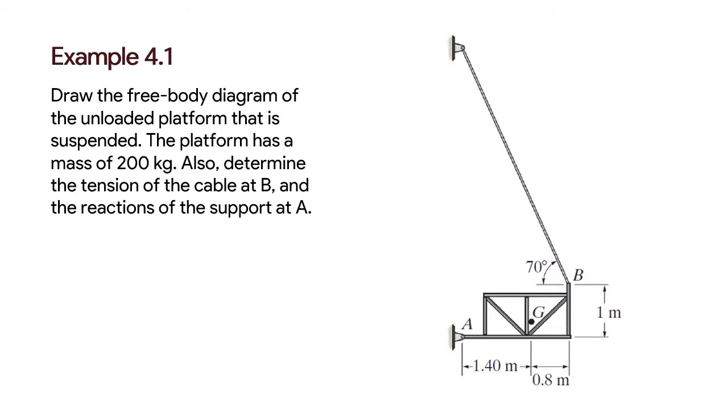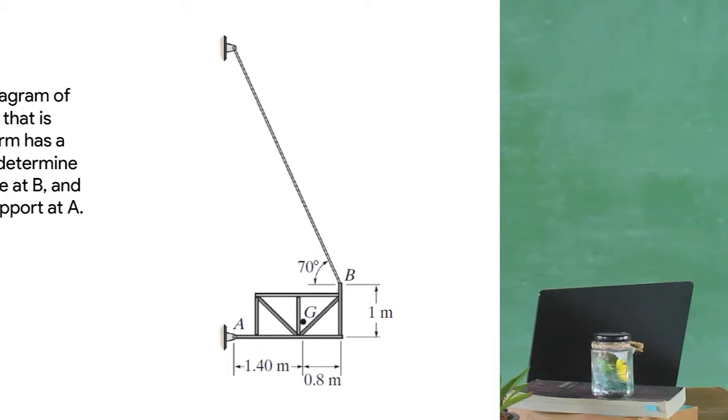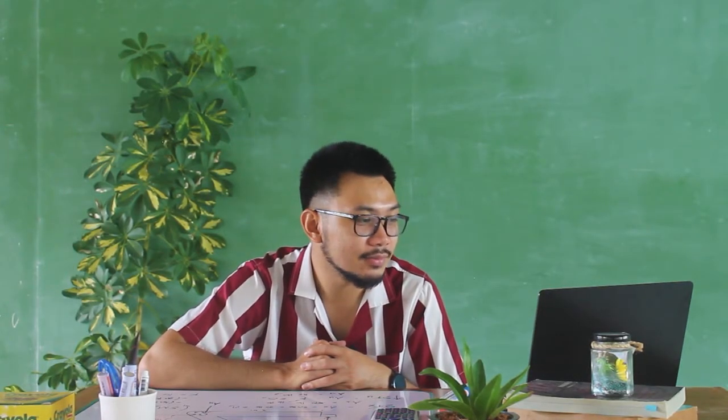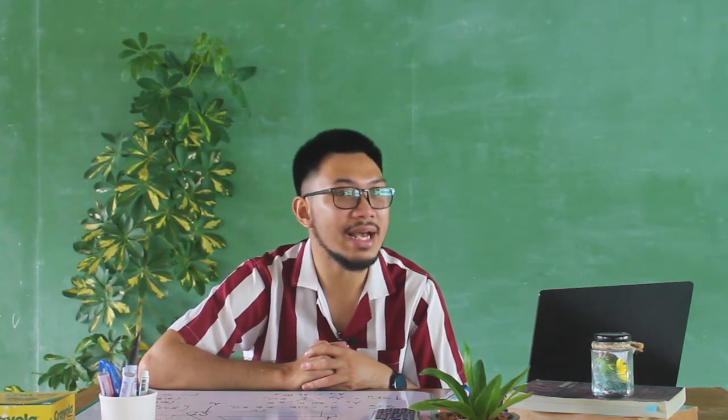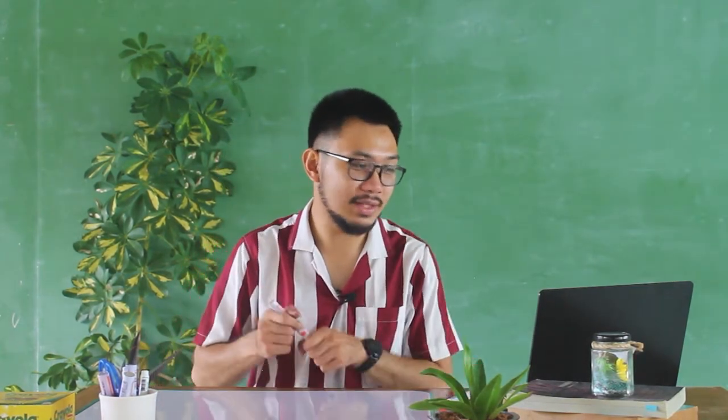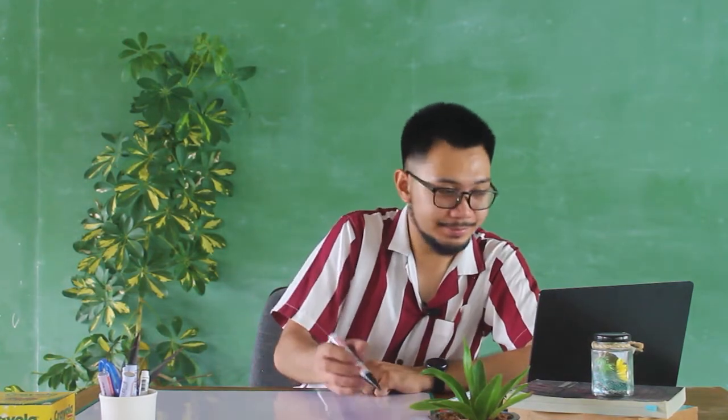And ang platform daw has a mass of 200 kilograms. So we have to create a free body diagram out of it, and let us also solve for the unknown reactions of this one. Sige. So let's first draw the free body diagram of this platform.